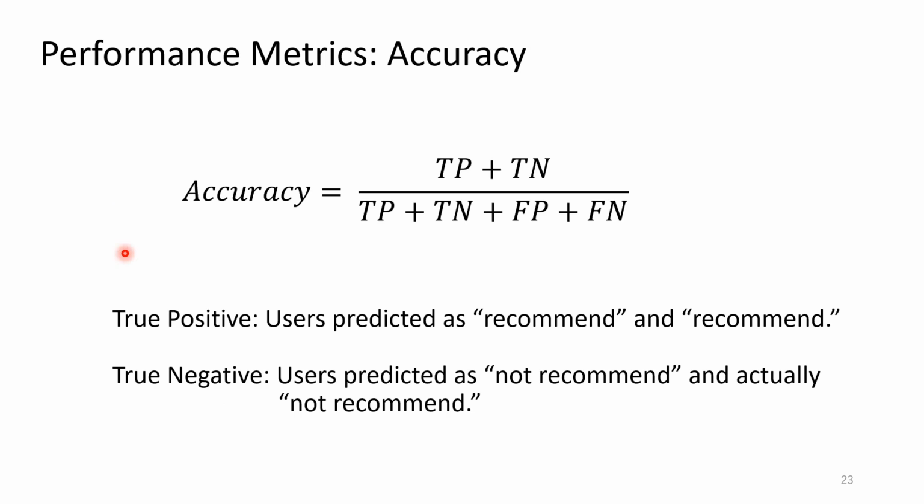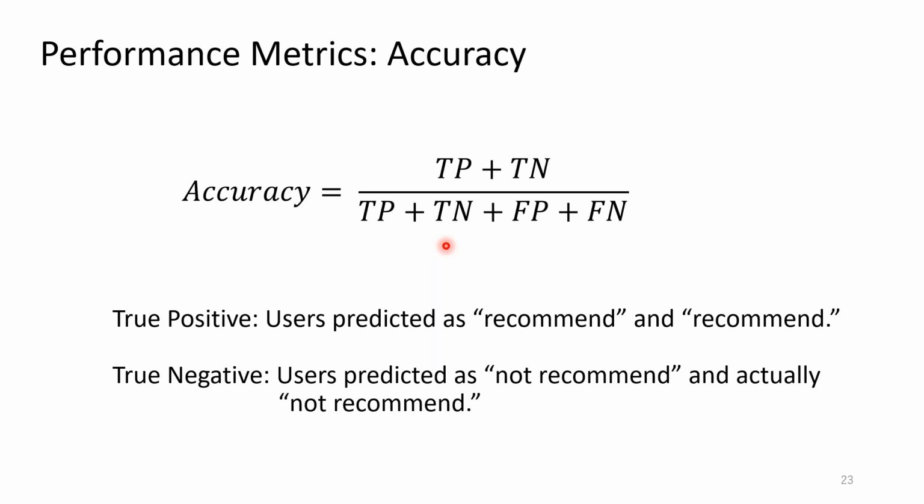So let me talk about the performance metrics I used here. In classification problems, accuracy is the most widely used and easily understandable performance metric. Accuracy represents the ratio of correctly predicted observations to the total observations.